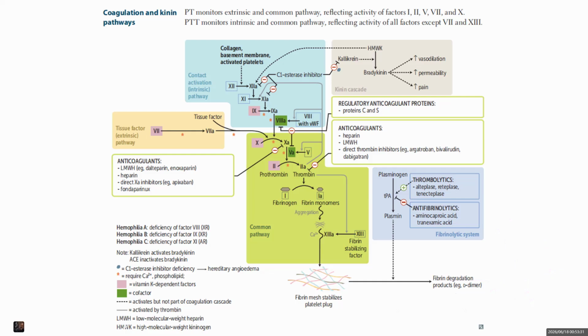Let me recap very quickly: whenever you get injured, your body starts forming a blood clot to stop the bleeding. This process is known as coagulation, which we just discussed. The final step of coagulation is the conversion of fibrinogen into fibrin monomers. What is fibrinogen?